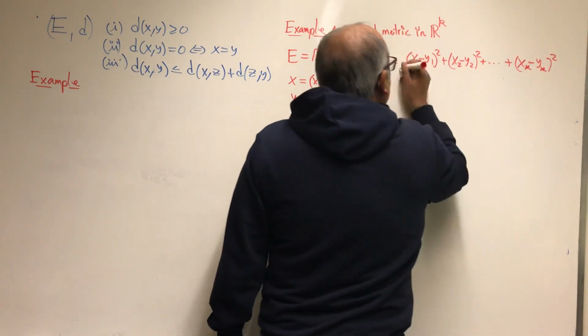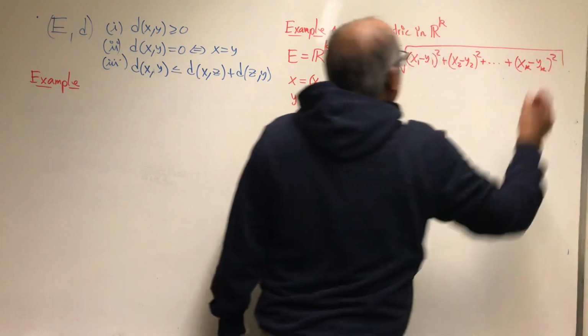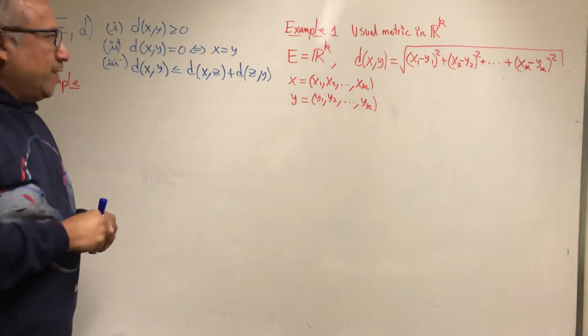When I finish doing all that, I'm going to take the square root of that. That's called the usual metric.